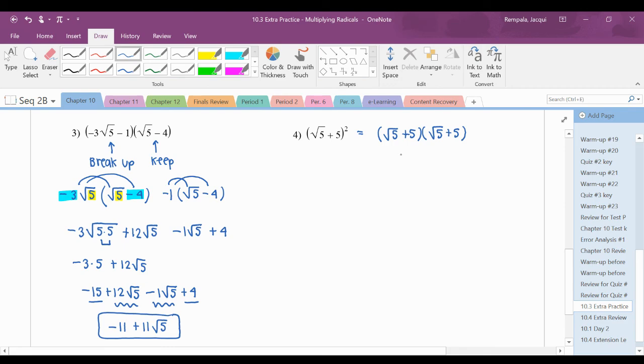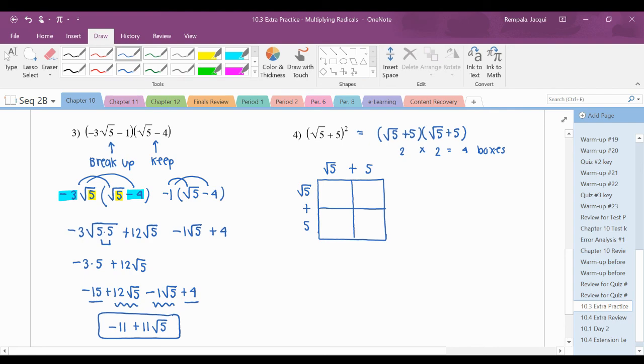So remember, box method, it's a 2 by 2, which means there's 4 boxes. So if we're creating our boxes, remember, I always want an addition sign, breaking up my boxes. So we're going to have the square root of 5 plus 5 on the top, and then we'll have a square root of 5 plus 5 on the side.